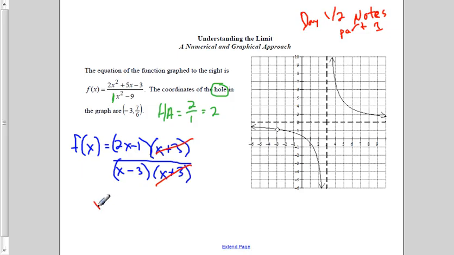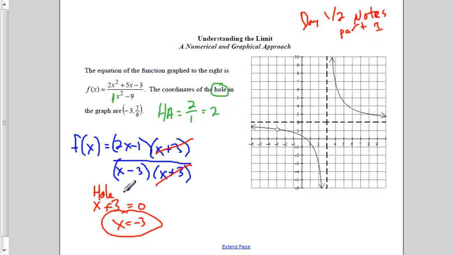Since I cancel that out, when x plus 3 equals 0, that's where my hole exists. So that's x equals negative 3, and then I substitute negative 3 back into my simplified function and find that it's 7/6, which is what we got there.